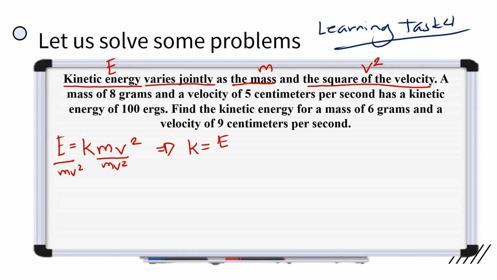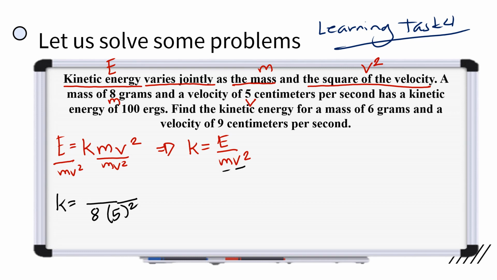So, E over MV squared. So, let's write. So, a mass of 8 grams, yung mass natin, 8. And a velocity of 5, ang velocity ay 5 squared. Kasi, M, you have here, ito yung M, then your V.